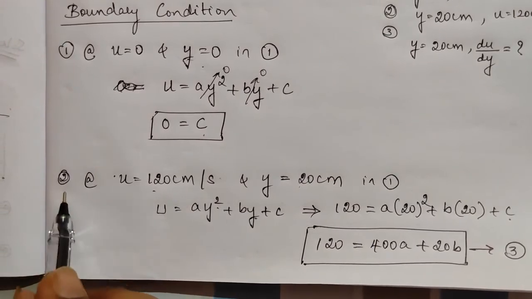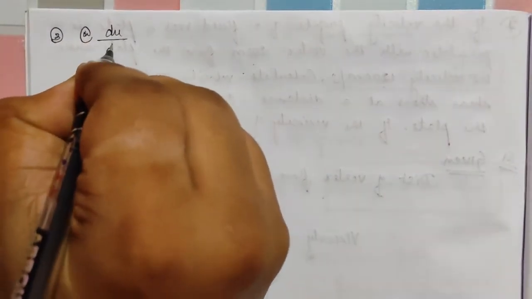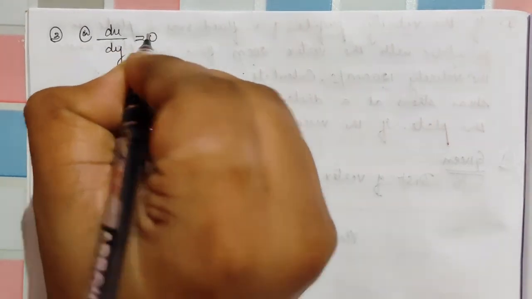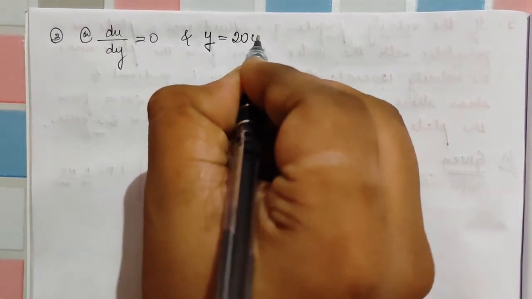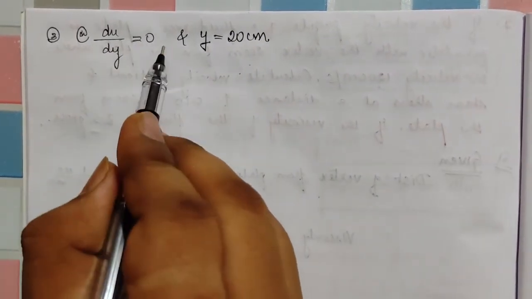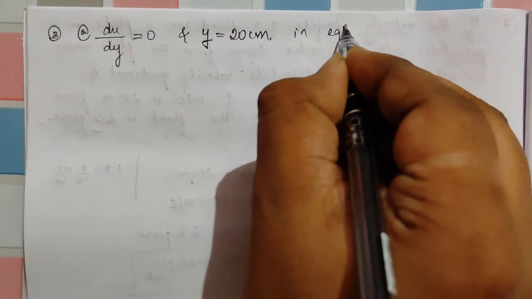So in the next page, I'll apply the third boundary condition, that is y is equal to 20 centimeter and du by dy is equal to how much? So the third boundary condition is du by dy is equal to 0 and y is equal to 20 centimeter, in equation number 2.